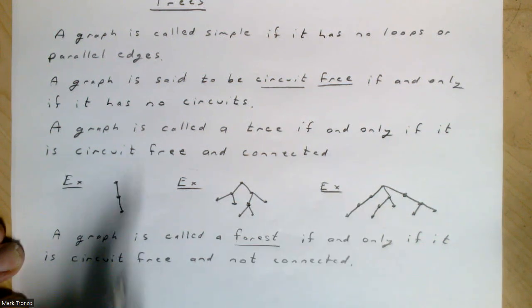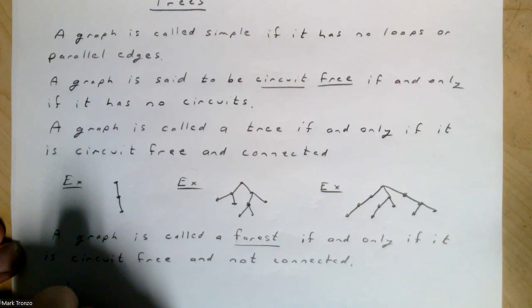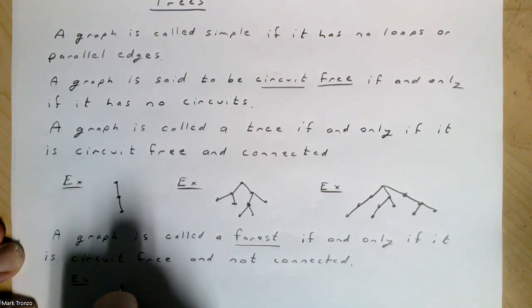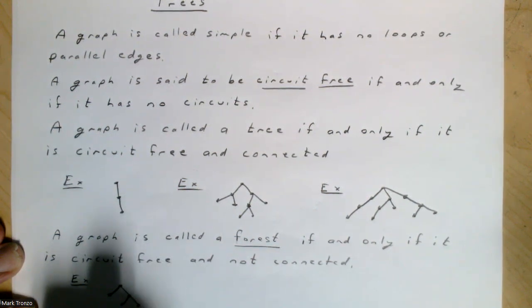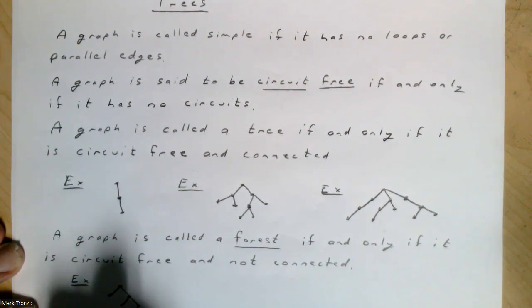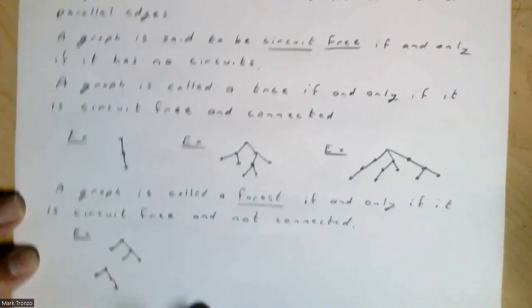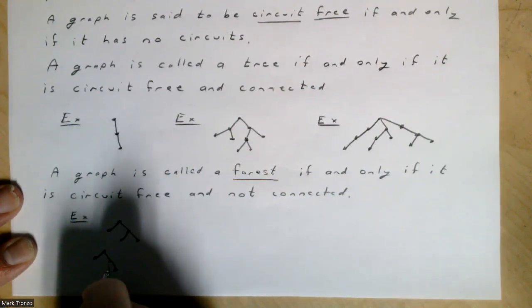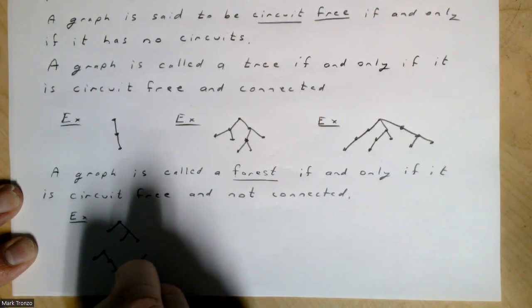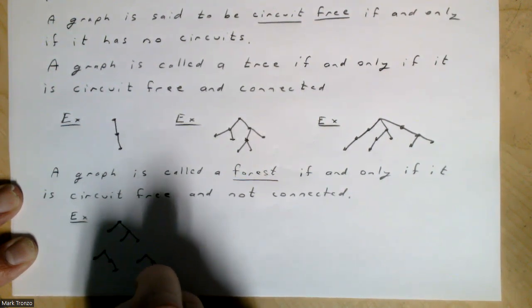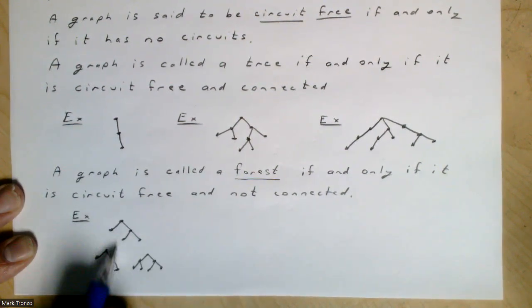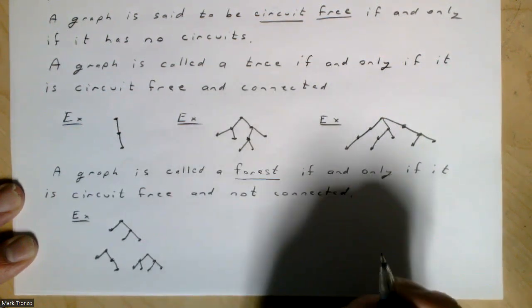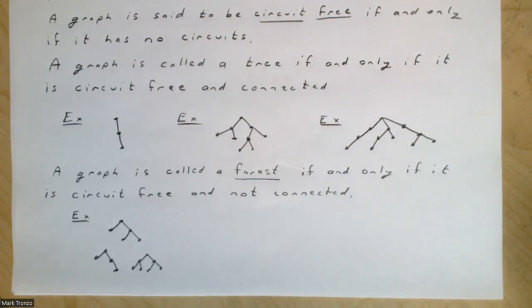If it's circuit free and connected, it's a tree. If it's circuit free and not connected, it's a forest. So you could have maybe something like this, would be a forest. Maybe have this. I guess the idea of a forest is that it has more than one tree. As I said, we're probably not going to use this too much.